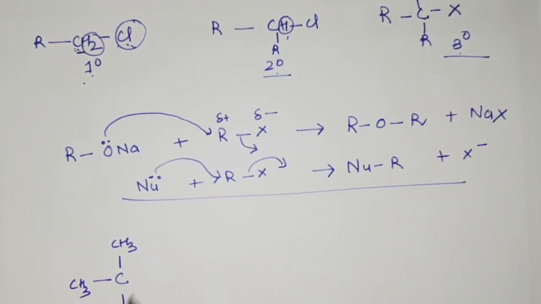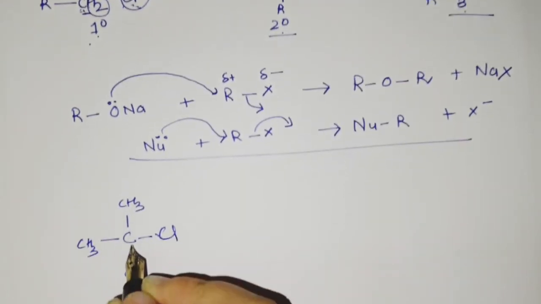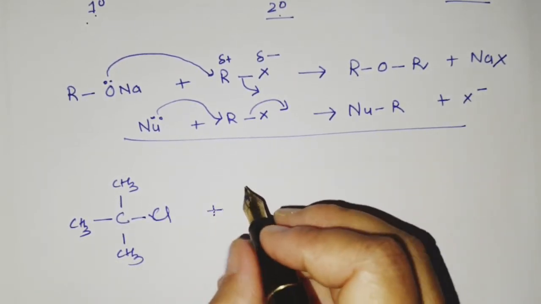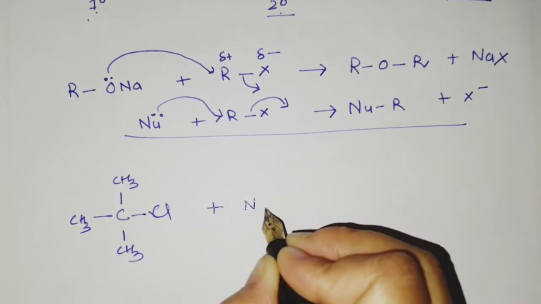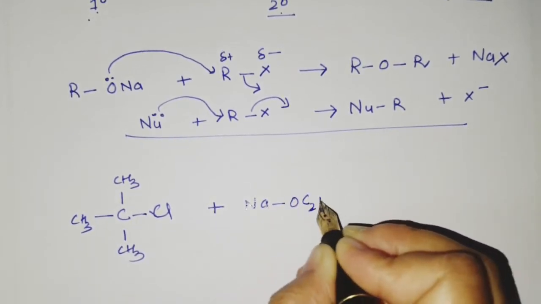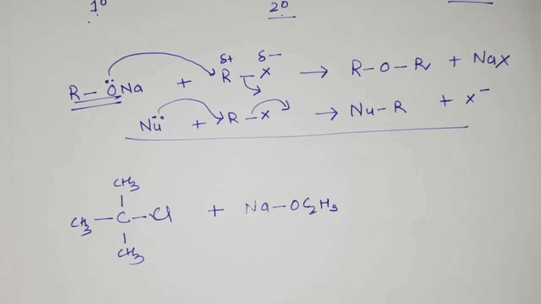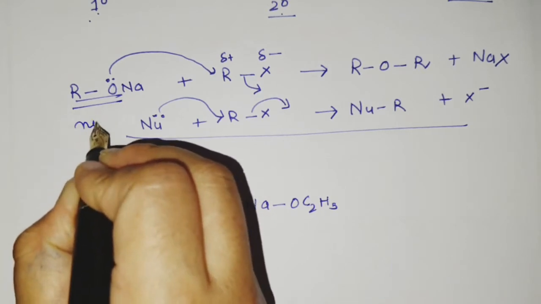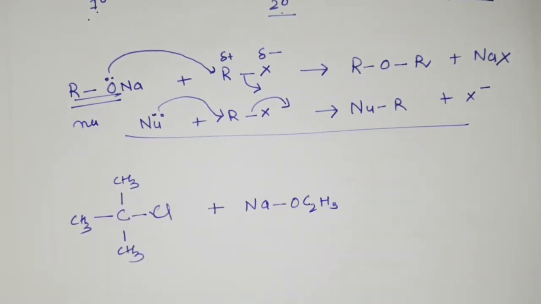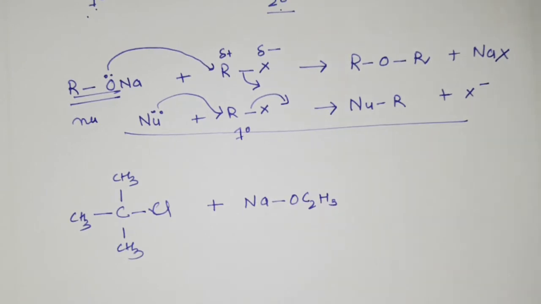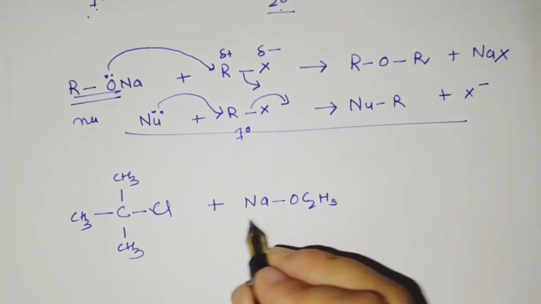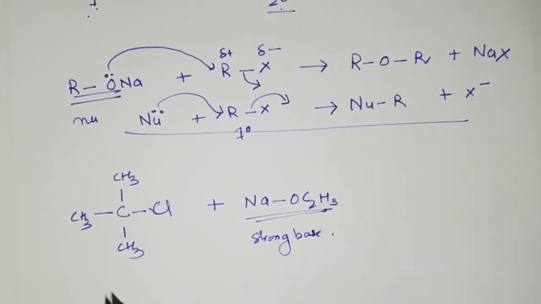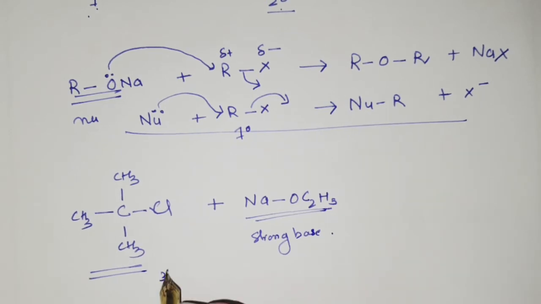Now suppose what we are using here is an alkoxide. It acts as a nucleophile when the primary halide is present, but it will also act as a strong base when your alkyl halide is 3 degree, tertiary.